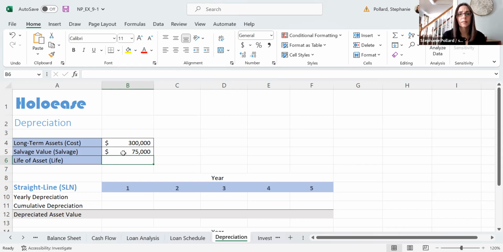Our assets are going to be worth about 75,000 once they've been used to their fullest. And then the life of our asset is going to be 10 years. Maybe whatever asset we have, a piece of equipment, we think is valuable for 10 years. It will continue to work for 10 years, and then after that, it becomes unusable, or maybe the technology has changed too much and we need to replace it, etc.